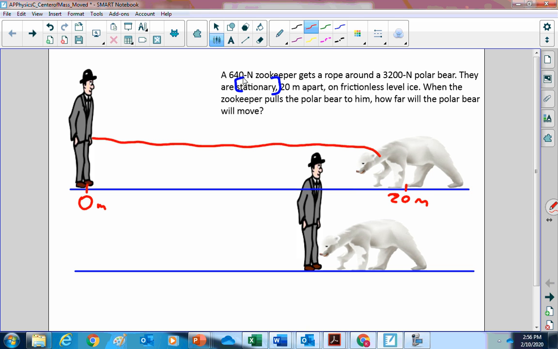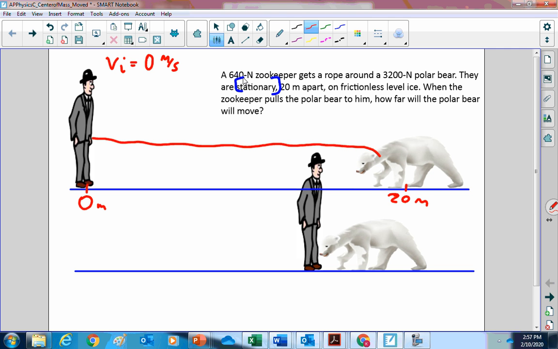The piece of information that they're stationary is important because what we learned is that when the initial velocity of the center of mass is 0 and there are no outside forces interfering... Yes, we've got a force of the rope, a force of tension between the two objects, but we're considering that an internal force.